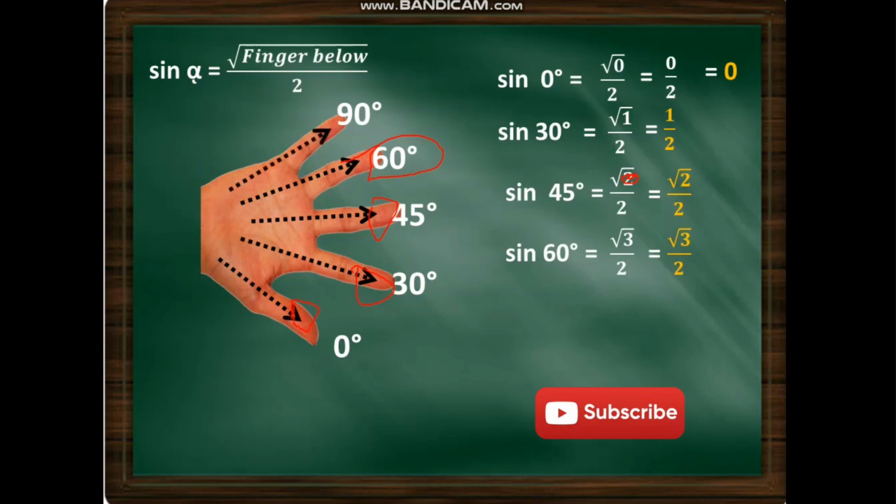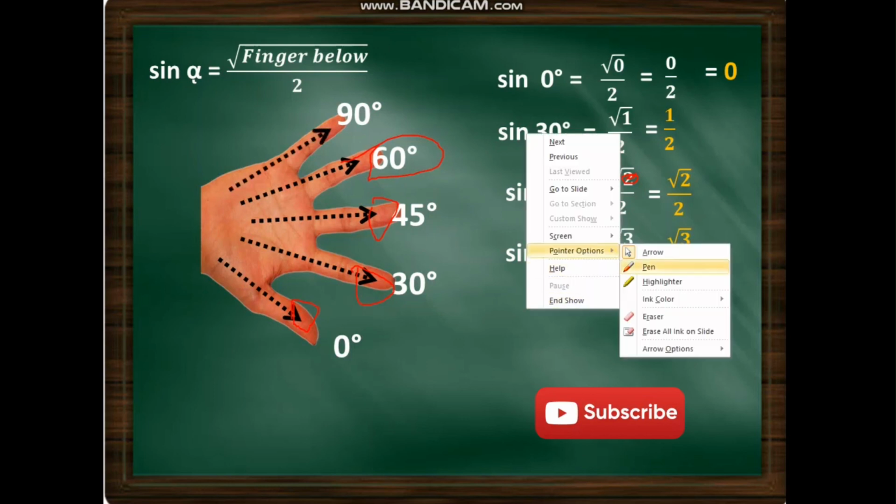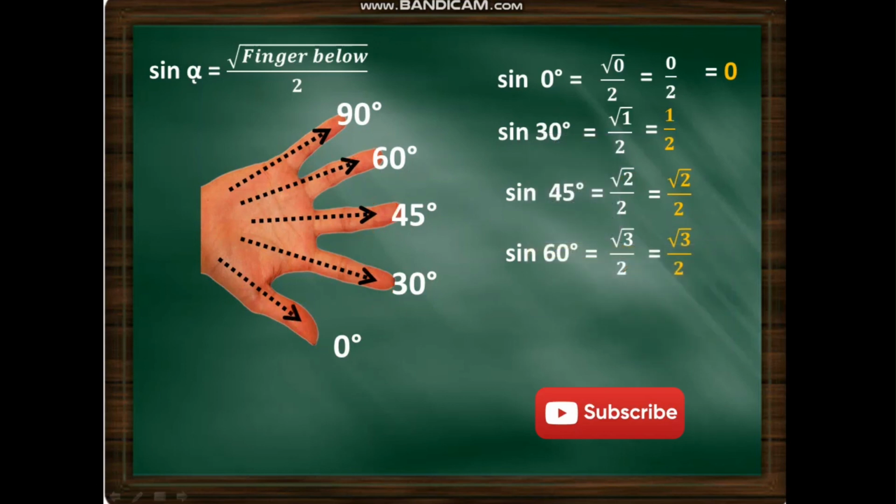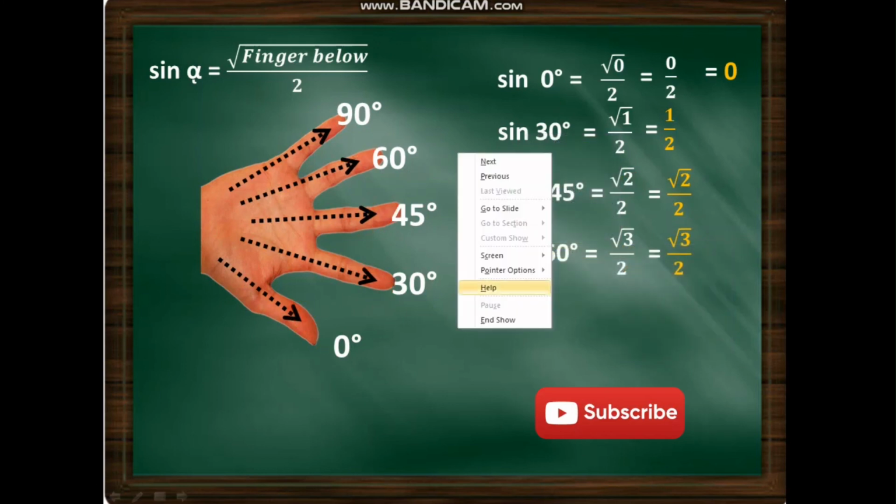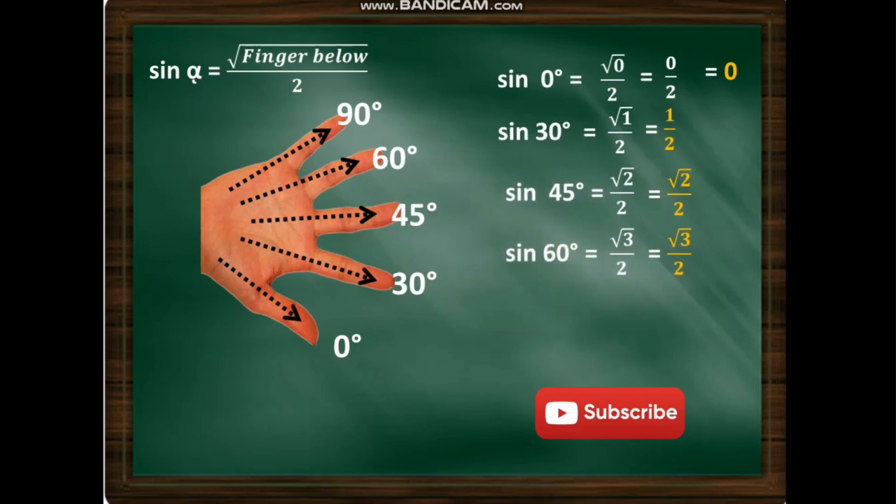Next, how about if we're going to find for the sine 90 degrees? Same process po, napakadali lamang po ang gagawin natin. We just simply locate for the fingers below 90. Ilan po ba sila? We have 1, we have 2 here, we have 3, and we have 4.